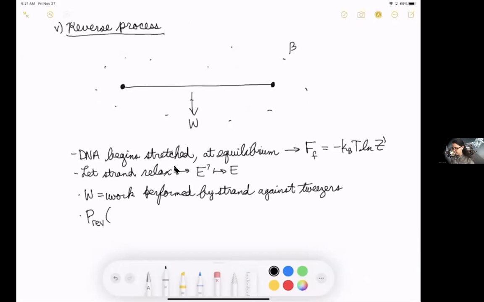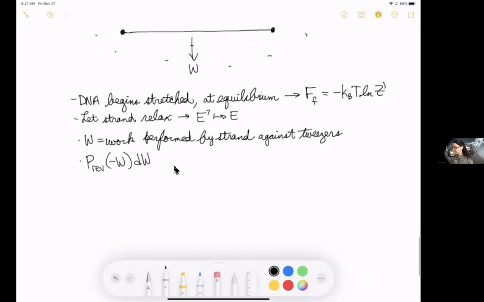The notation is a little bit funny because there's this negative sign here. We tend to think of W as positive.